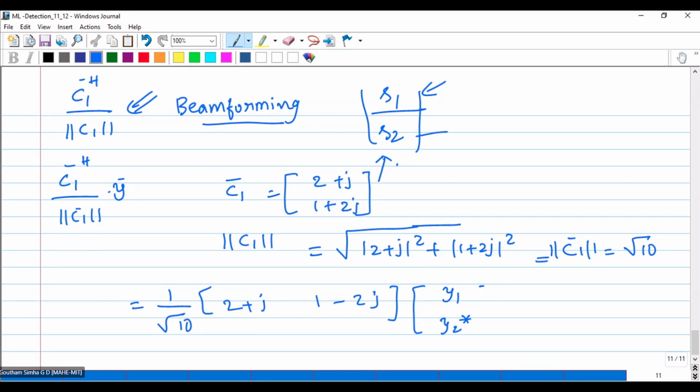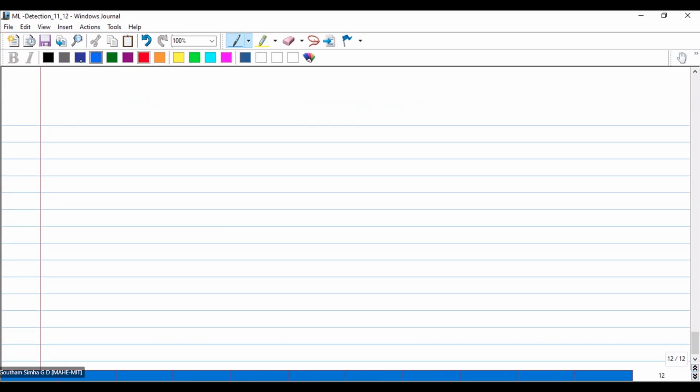So if you multiply, this becomes equal to, to extract s1, 1 by root 10 (2 minus j) into y1 plus 1 by root 10 (1 minus 2j) into y2 conjugate.